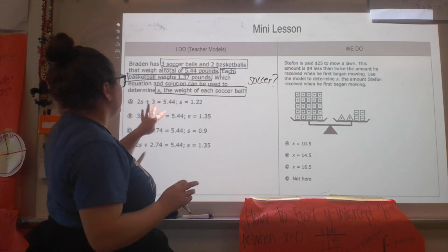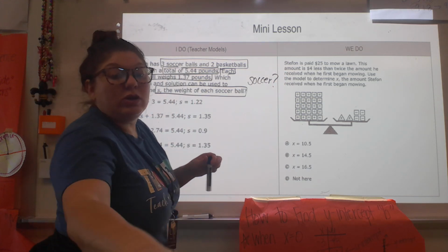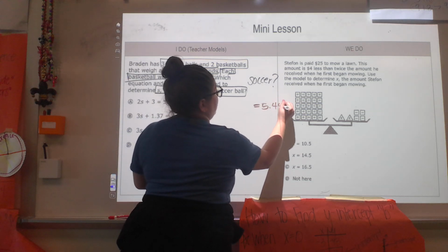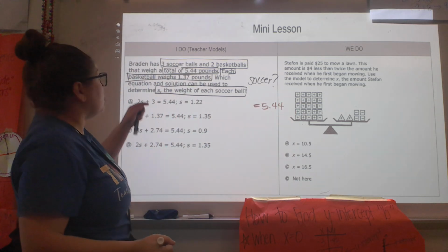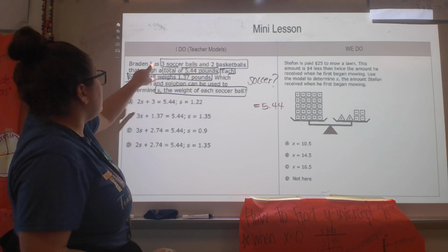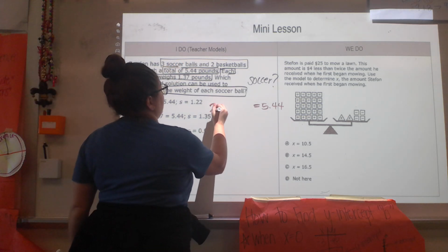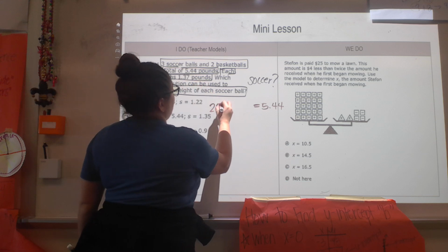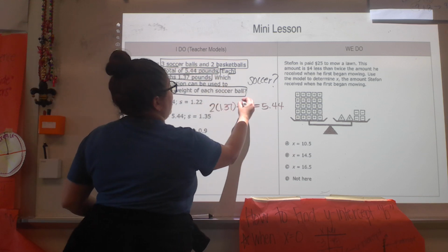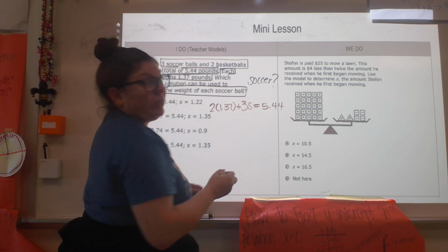Okay, so let's go ahead and make our equation. We know that our total is 5.44. We have 2 basketballs that are 1.37 each, and then we have 3 soccer balls, but we don't know what that is.